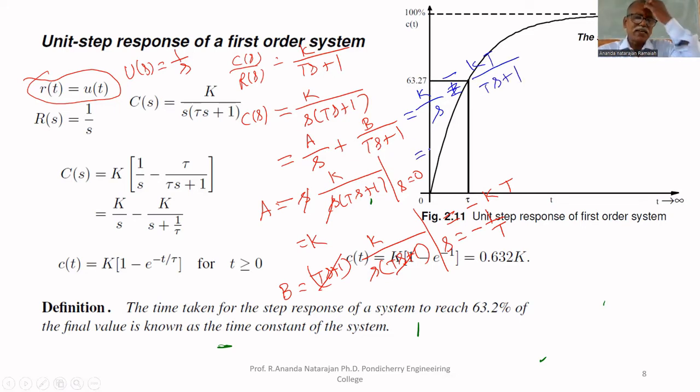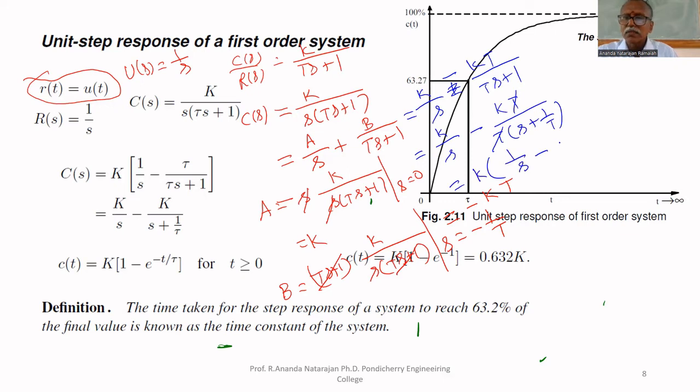Now we can find the Laplace inverse. To find the Laplace inverse, we have to write it in pole zero form. Therefore, if you take tau outside, you will get s plus 1 by tau. You can write K multiplied by 1 upon s minus 1 upon s plus 1 by tau.